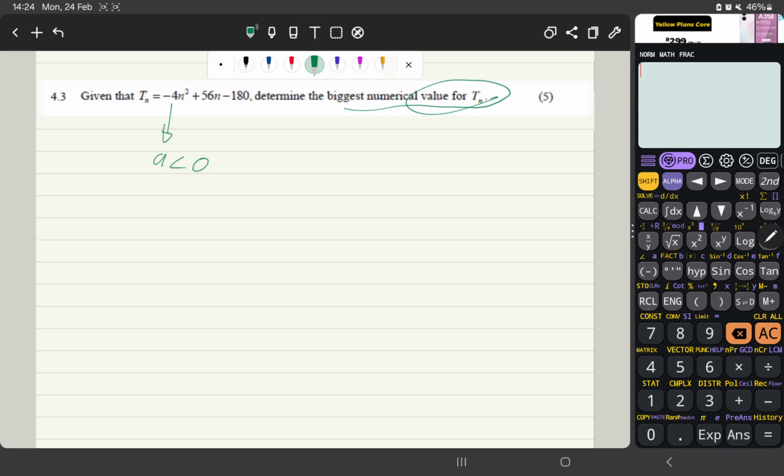It means that you're going to have a parabola that is frowning, and then we'll have a value here which will be the biggest value, because any other values of Tn will be decreasing. So from this point, let me call this point B, going downwards, your values will be decreasing, implying that B will be the highest, or the biggest numerical value for Tn in our case.